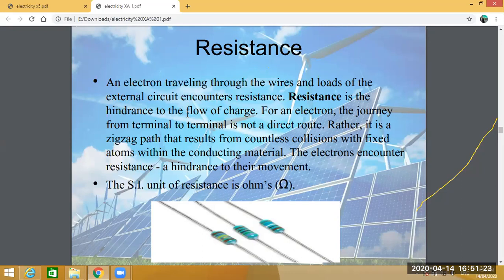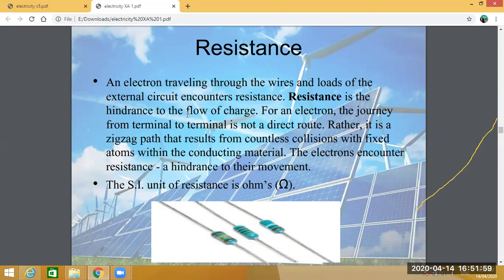That's why the speed, the velocity, of electrons decreases, and therefore there is a loss in kinetic energy of the electron, and this loss appears as heat energy, because you know well that energy is neither created nor destroyed. If one form of energy decreases, it must appear in another form. So the electron encounters resistance. Resistance means hindrance, opposition, hindrance to their movement.